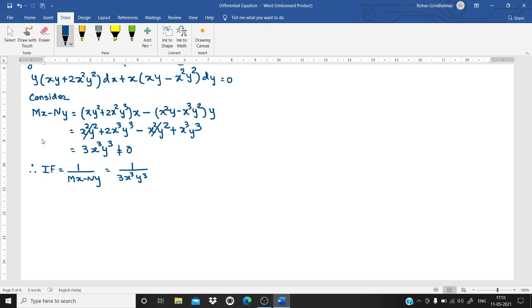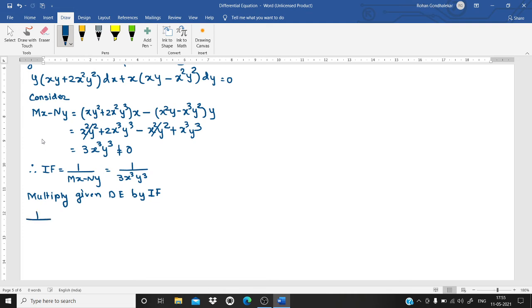Is this clear? Okay. So multiply the given differential equation by the integrating factor. So what do we get? Let's write the given differential equation.